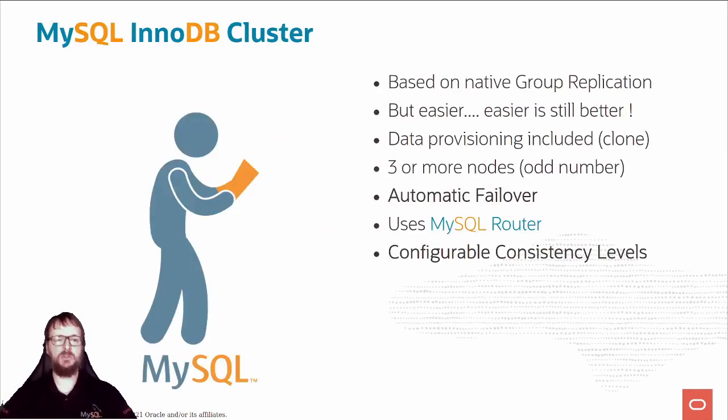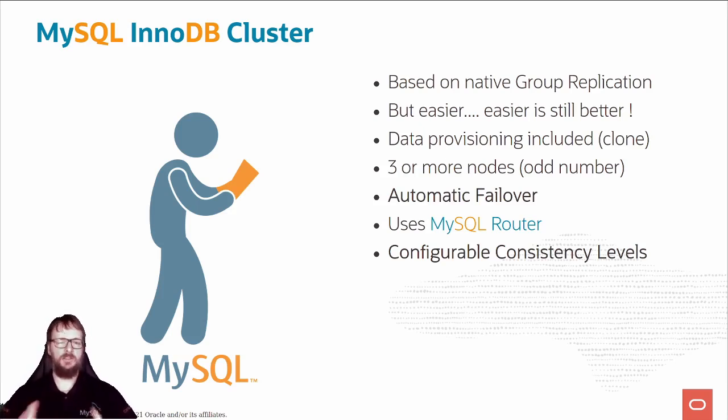Yes, this is MySQL InnoDB Cluster. So MySQL InnoDB Cluster is based on MySQL native group replication, but it's easier. Like I said earlier, easier is always better. It has data provisioning included, clone again. You need at least 3 nodes to make this automation, or more, but you always use an odd number of nodes to avoid a split brain situation, of course.